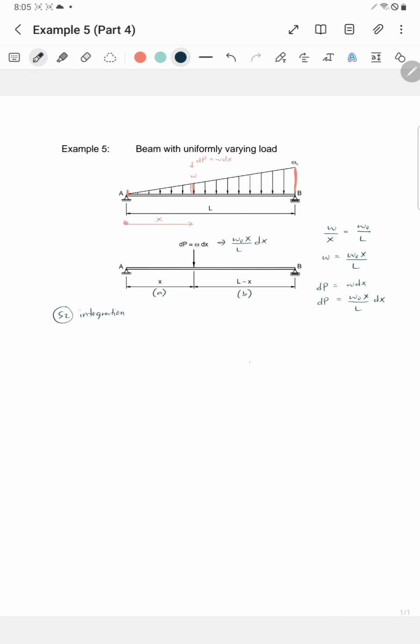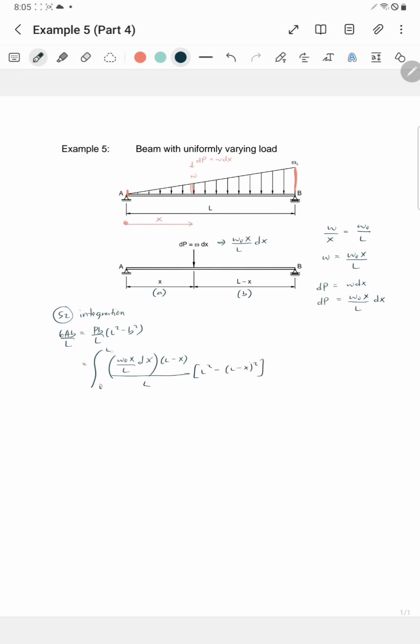So for a concentrated load, the formula for 6AB over L is PB over L, L square minus B square. So substitute yung ating mga data. So the load P is WOX over L dx. The distance B is L minus X. Then over L. Then L square minus B square.